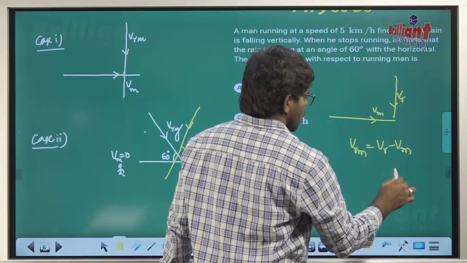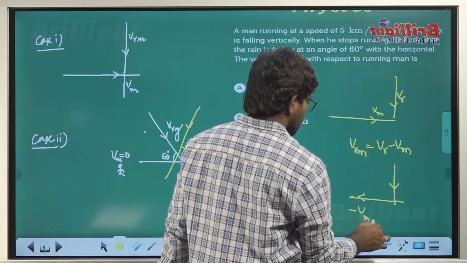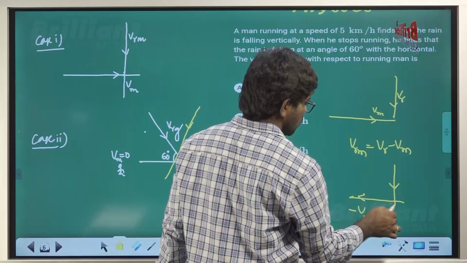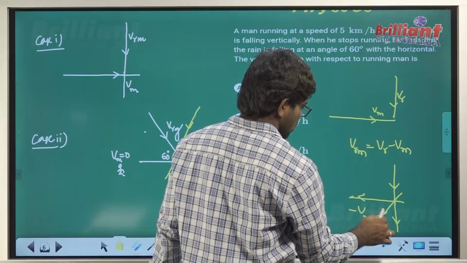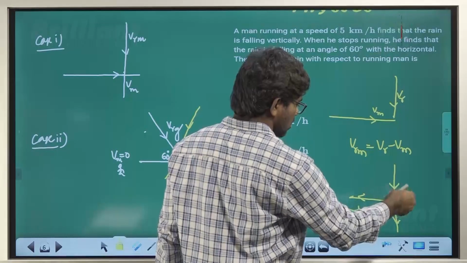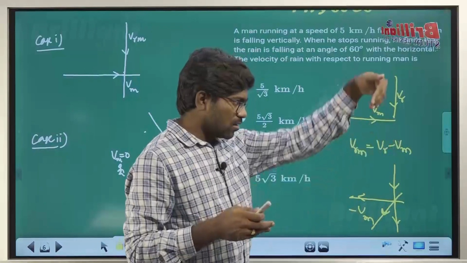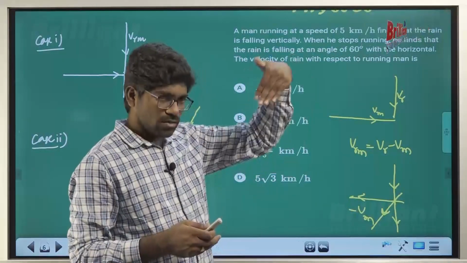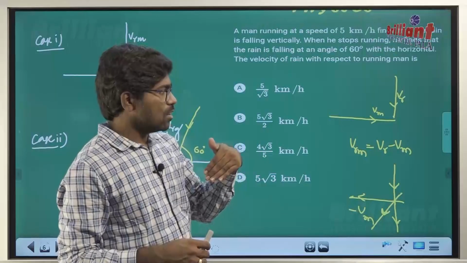This is VR, and minus Vm means this is minus Vm. What is the resultant of these two? It will be like this, right? The resultant is coming in this direction. So when the man is running, the rain appears to fall in this direction to the man.